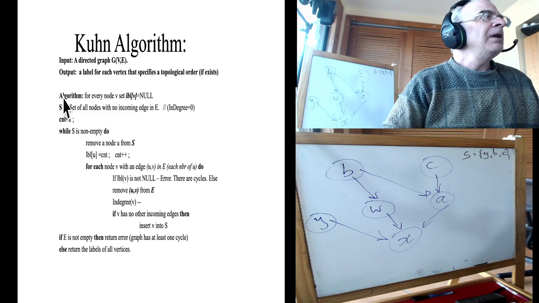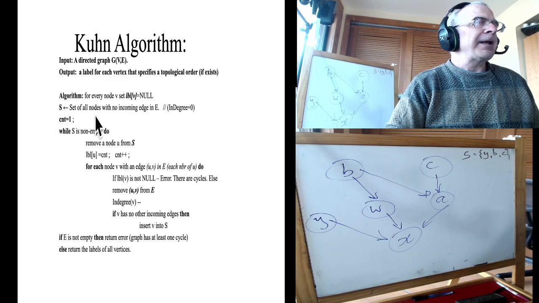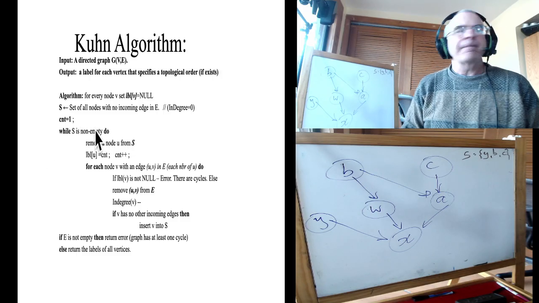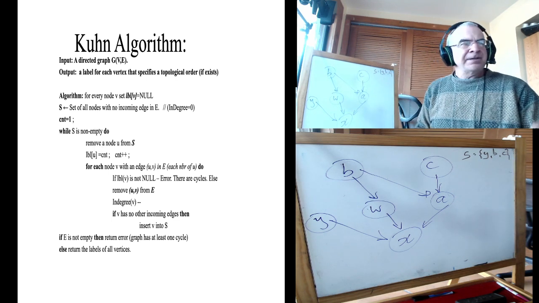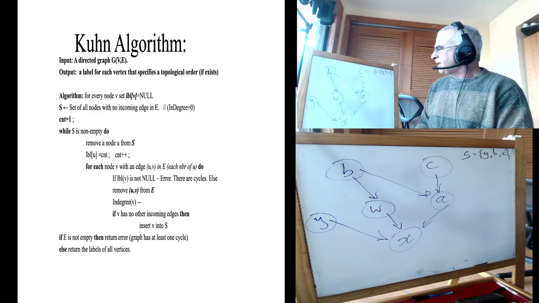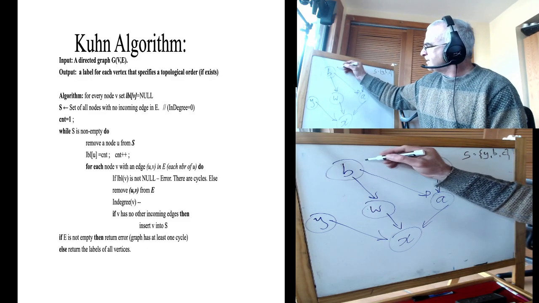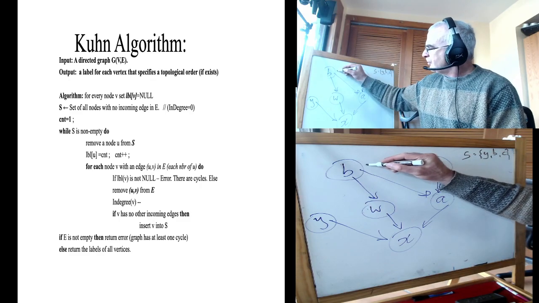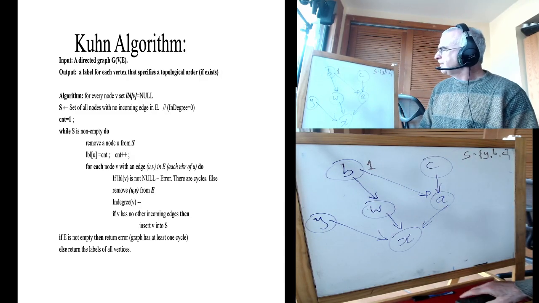I'll keep a counter CNT that tells me what is the next label that I'm going to give a vertex. As long as S is not empty, pick one of the vertices that has in degree equal to 0. Let's take B, and give it the label of count. So its label in the topological order is 1.